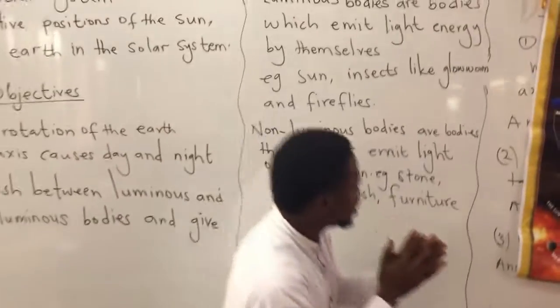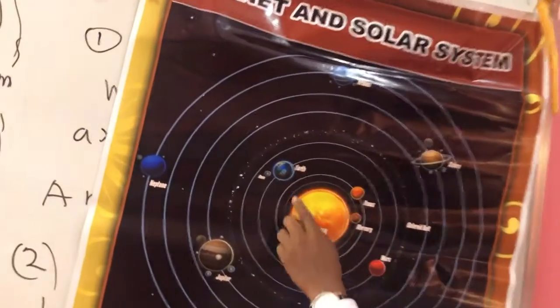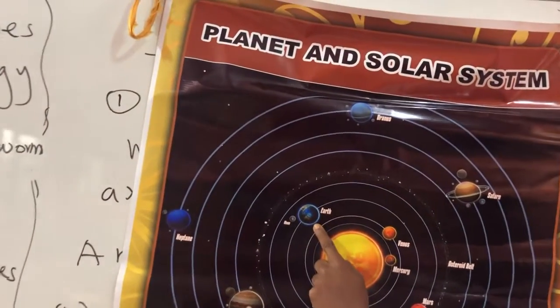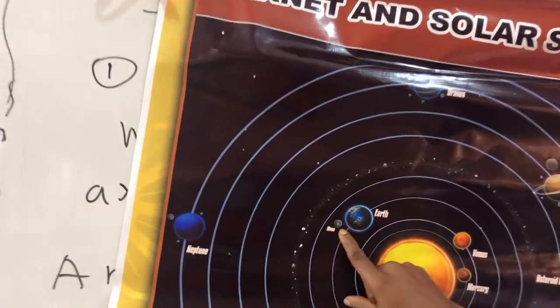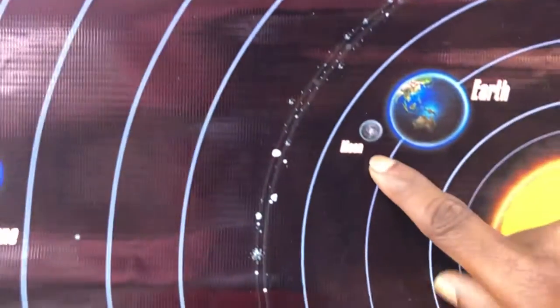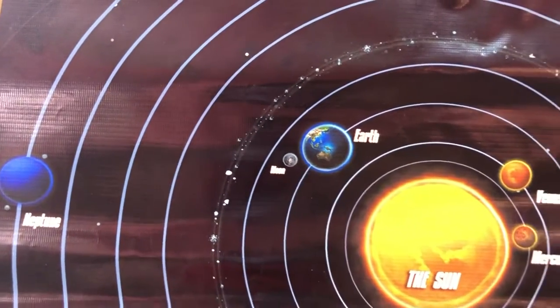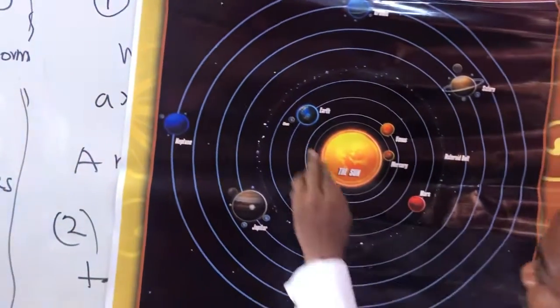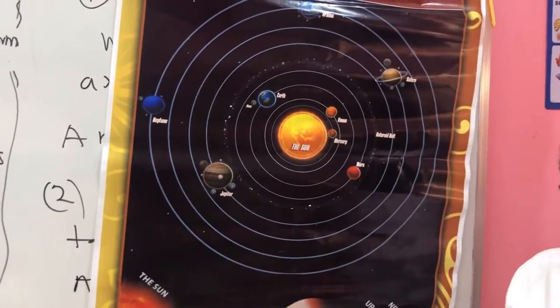Now looking at this, this is the earth. And then we also see a body here which is called the moon. Now the moon travels around the earth. We can see that the moon is our nearest neighbor to the earth.